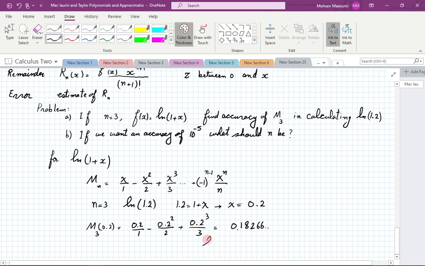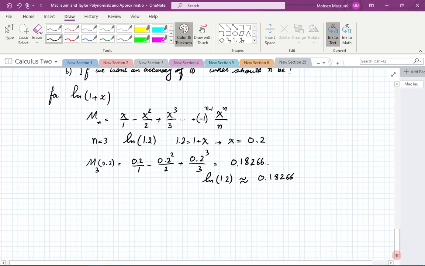And so here's our approximation. Logarithm of 1.2 is approximately 0.18266. Well, how much is it exactly? Since we have access to logarithm, that is, you have a calculator that somehow magically gives you the logarithm, we can go ahead and calculate this and see.